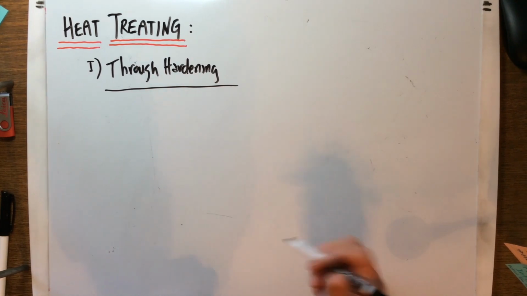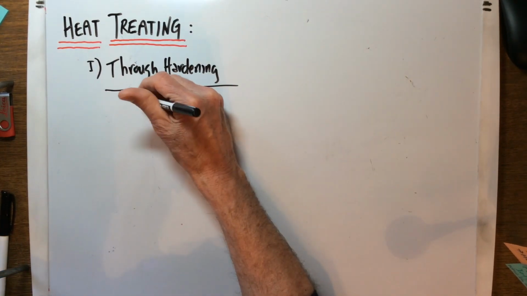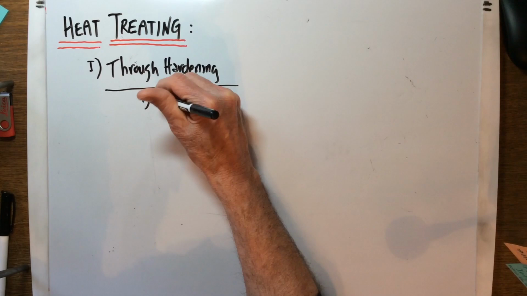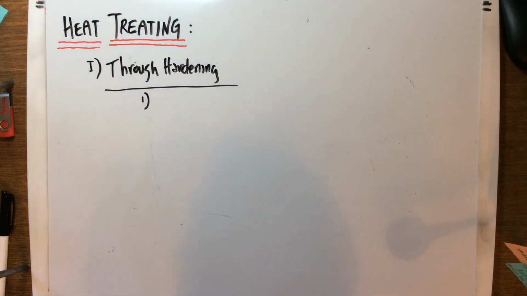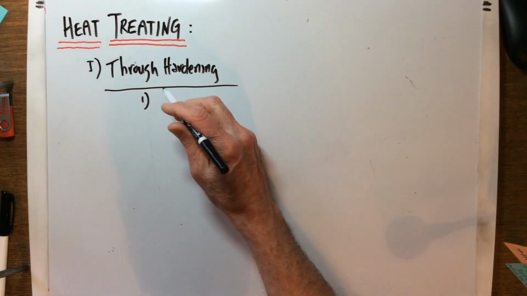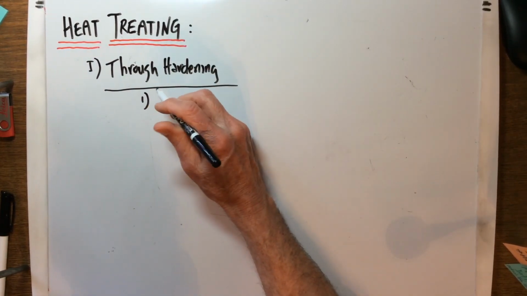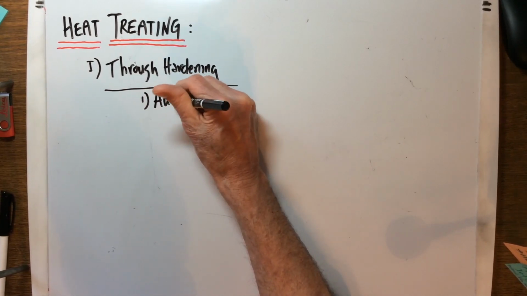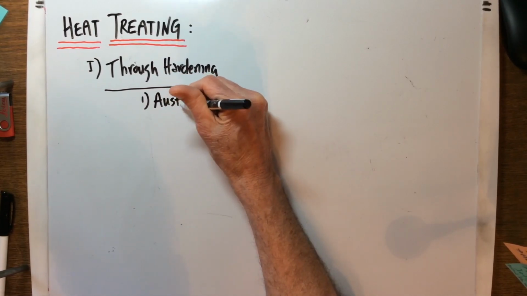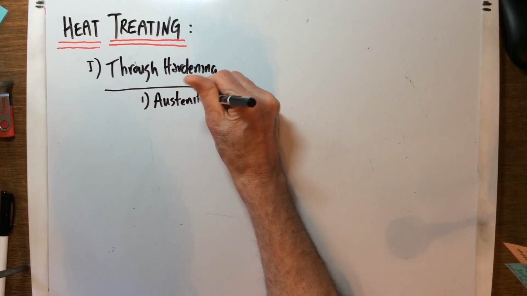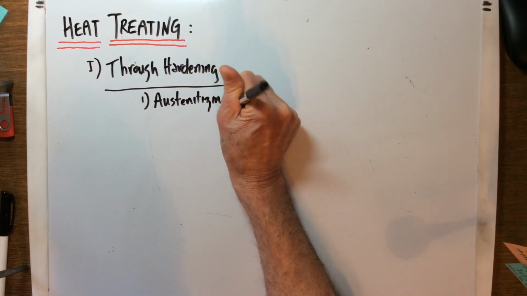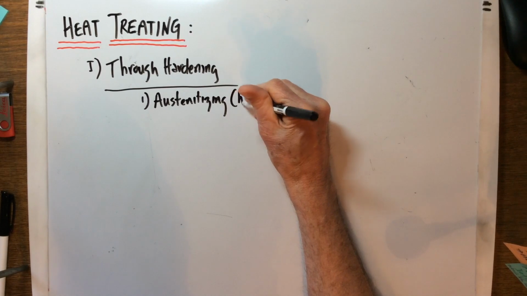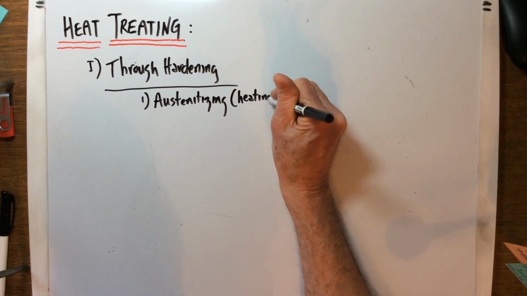There are two steps in that. Step one is what we call austenitizing. That's the first step in any heat treating. In through hardening specifically, we call it austenitizing, which is basically just heating.